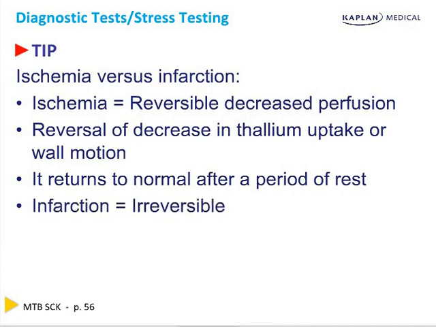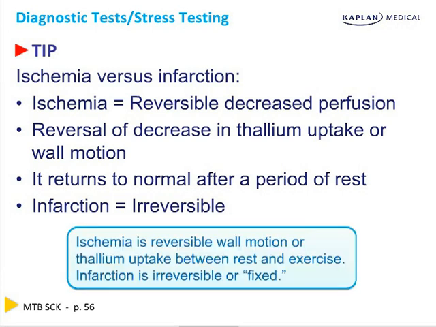However, if it's infarcted, it's irreversible. This fact that irreversible changes on a stress test indicate a dead piece of myocardium cannot be overestimated, because if it says irreversible, you don't catheterize that. There is no point in bypassing or angioplasting to dead tissue.